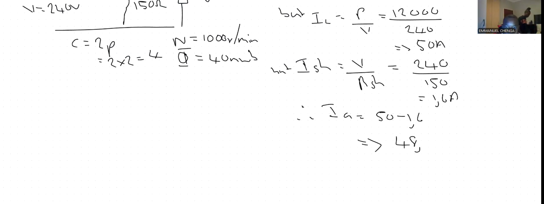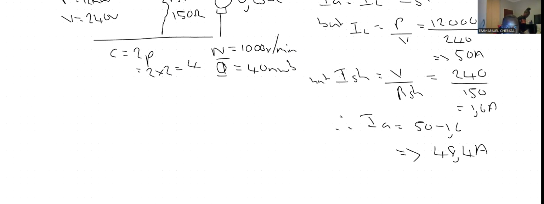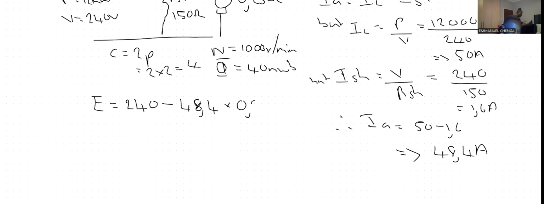Hence, if I have my IA, I can calculate my E. The voltage is 240 minus 48.4 multiplied by the resistance, 0.25, and I have my EMF, which is 227.9 volts.